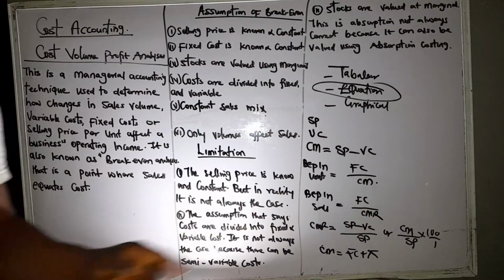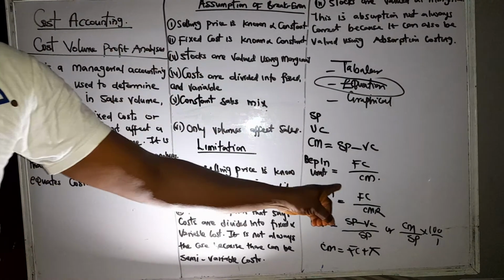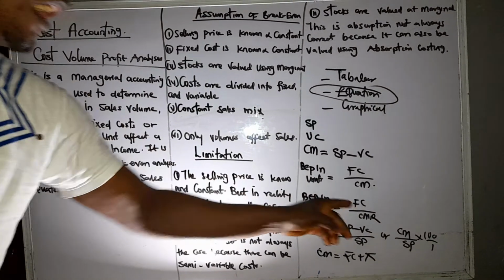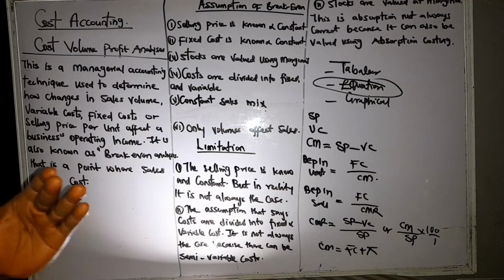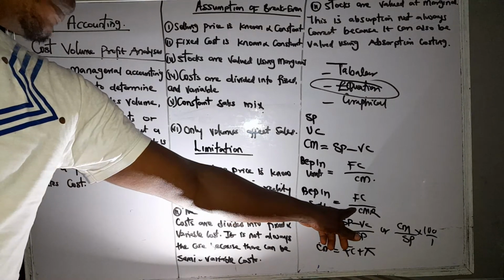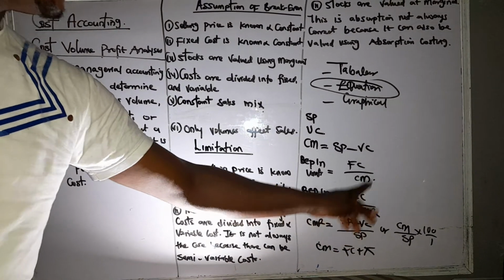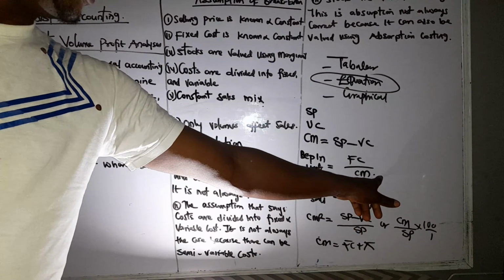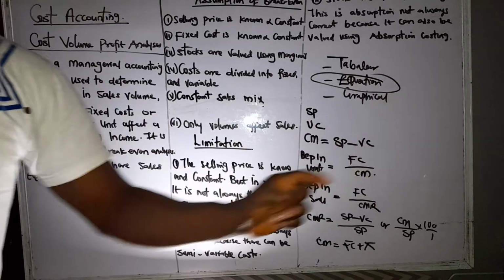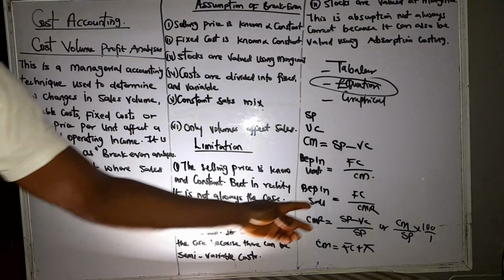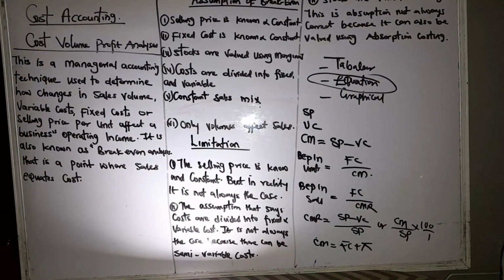Then for break-even point in sales, you can use your formula also, fixed cost over CMR. If you don't want to apply this formula, immediately you get your break-even point in units, just multiply by the selling price to give you the break-even point in sales.